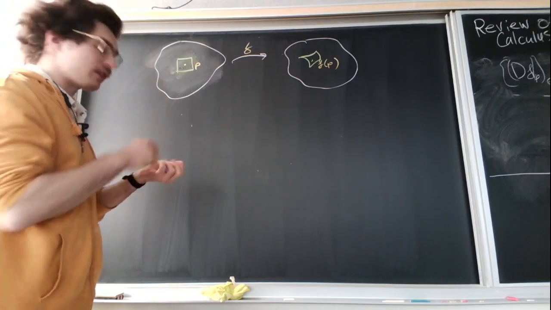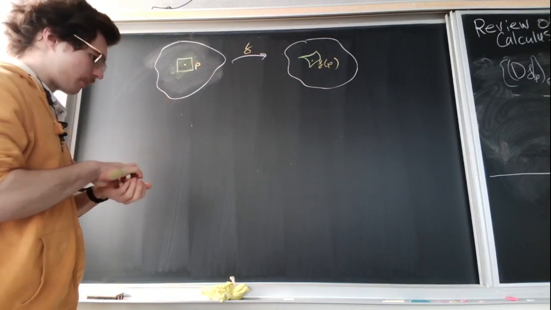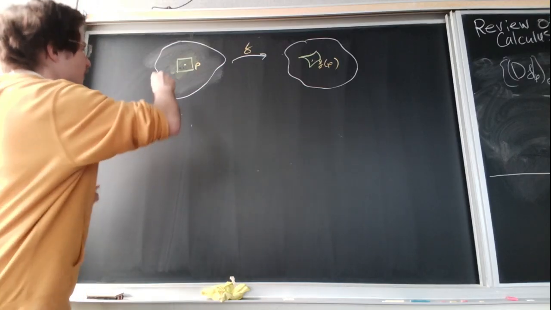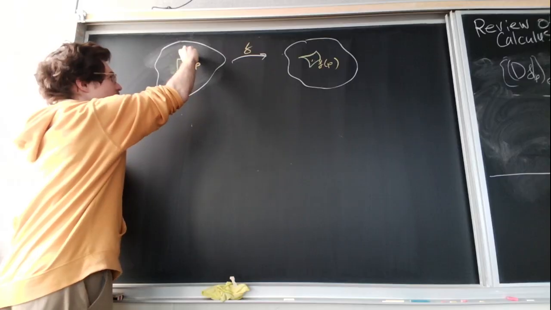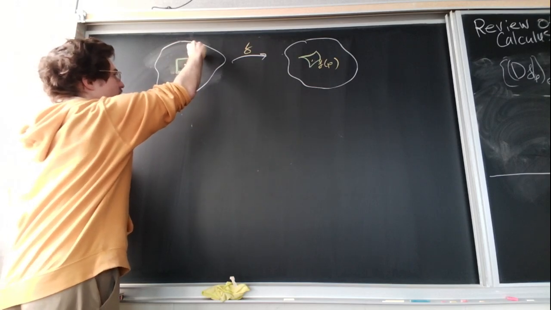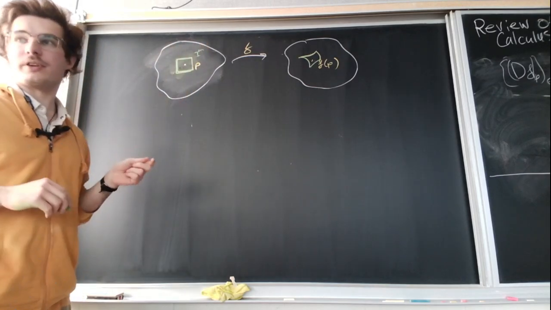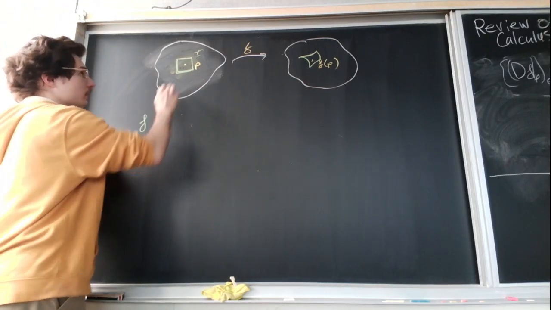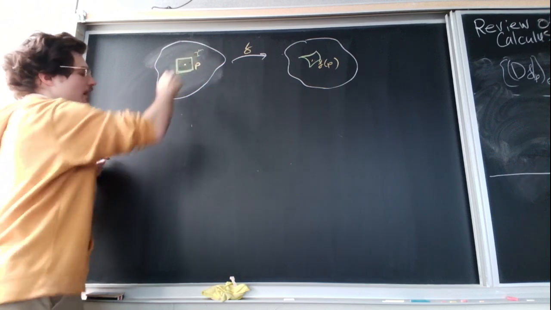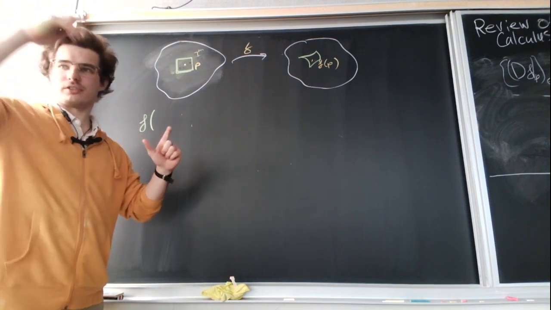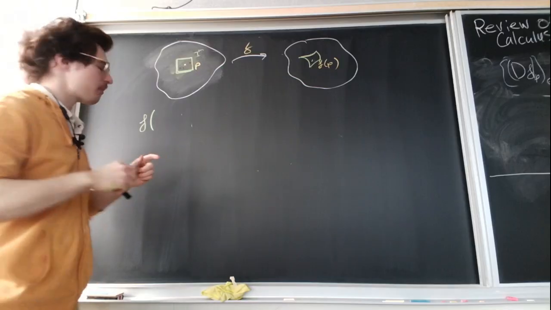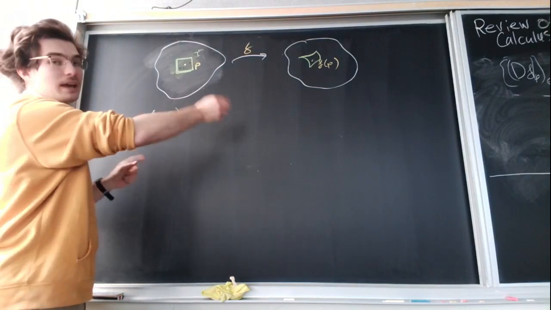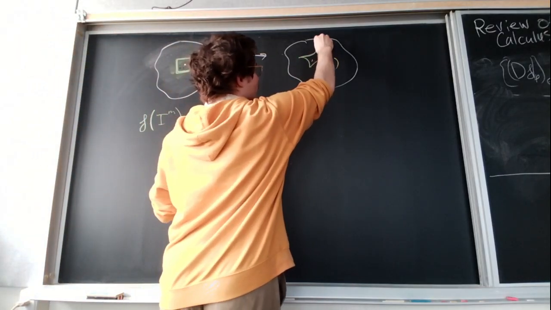But okay, so that's what df tells me. This means that if I took a little cube I to the m, where I to the m means some interval to the power of m, and applied f to it, I get this new set f of I to the m.